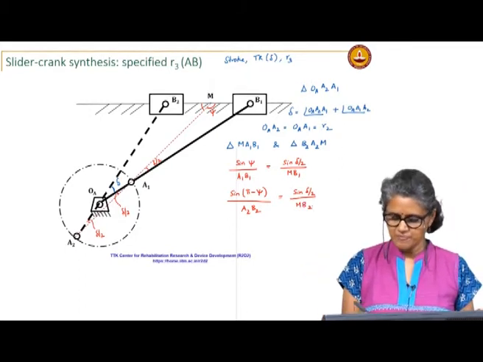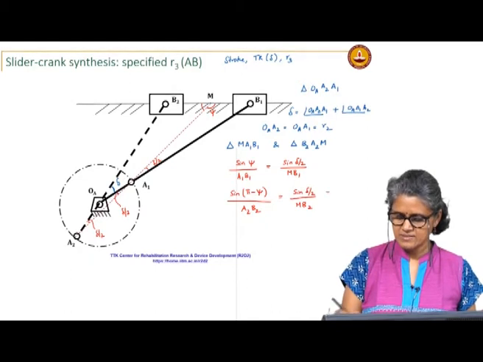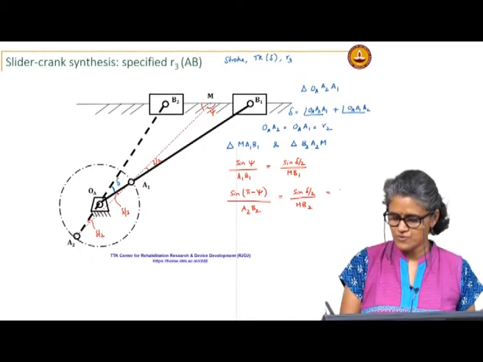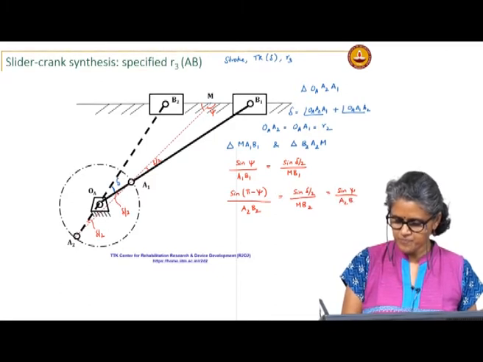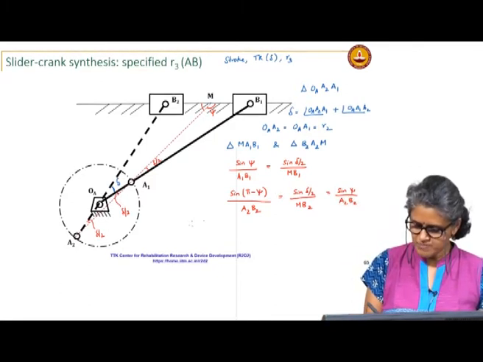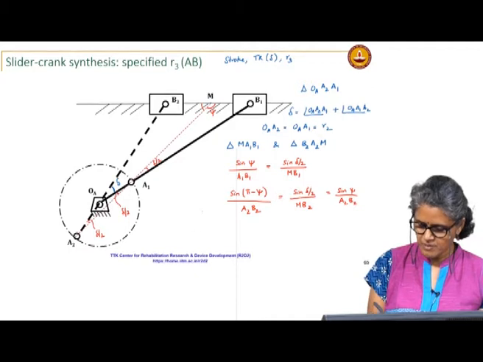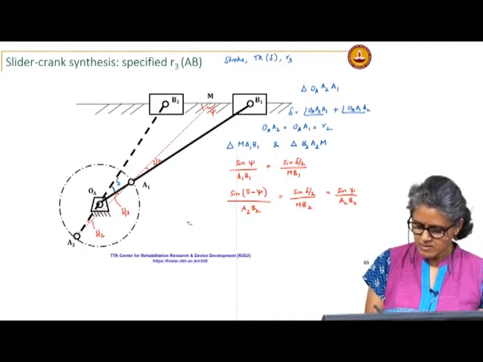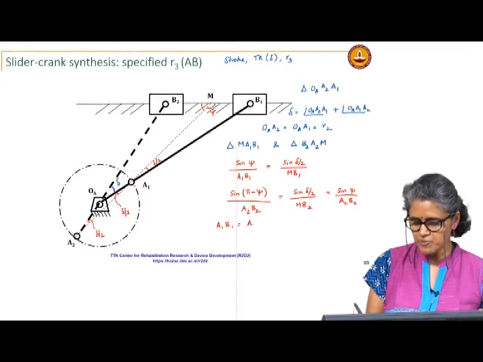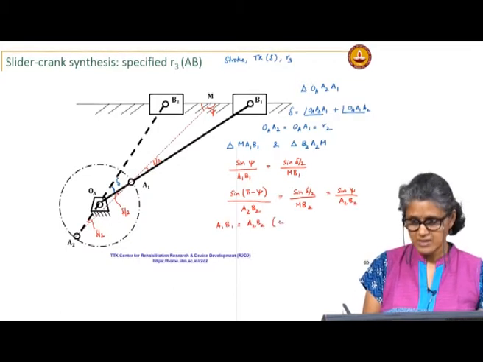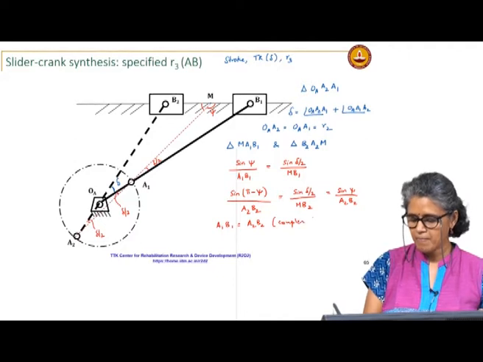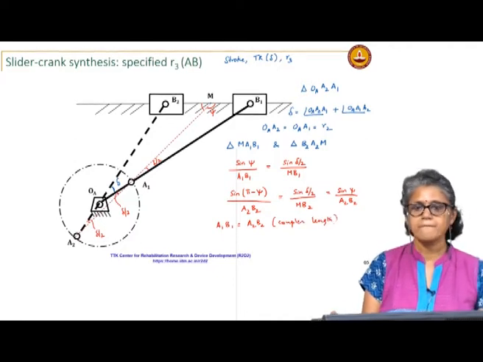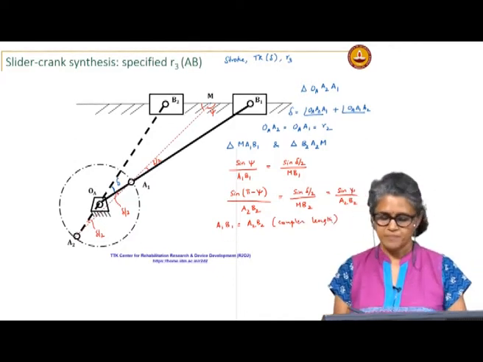But sine of pi minus psi is sin psi. So, this is equal to sin psi by A2B2. Therefore, A1B1 is also equal to A2B2 because that is the coupler length. Okay.